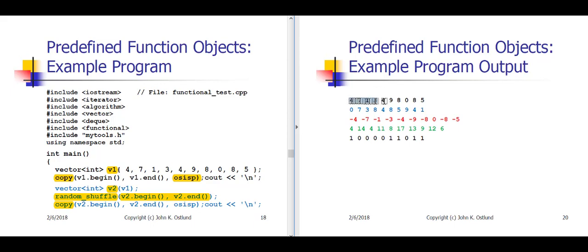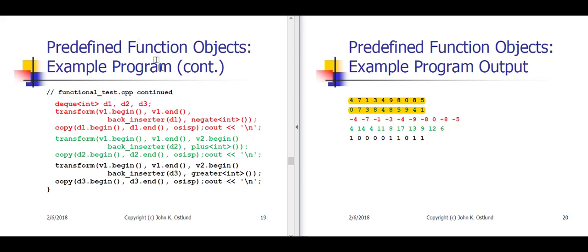Alright, so the first line of output that we have here on slide 20 are the elements of v1, and the second line of output are potentially the elements of v2 after it has had a random shuffle performed on its elements.